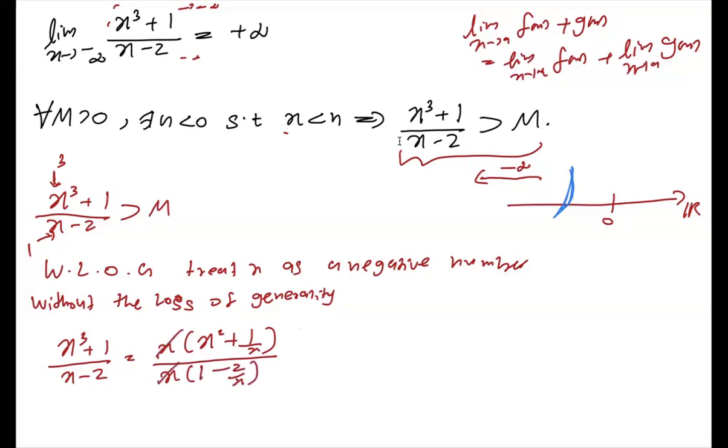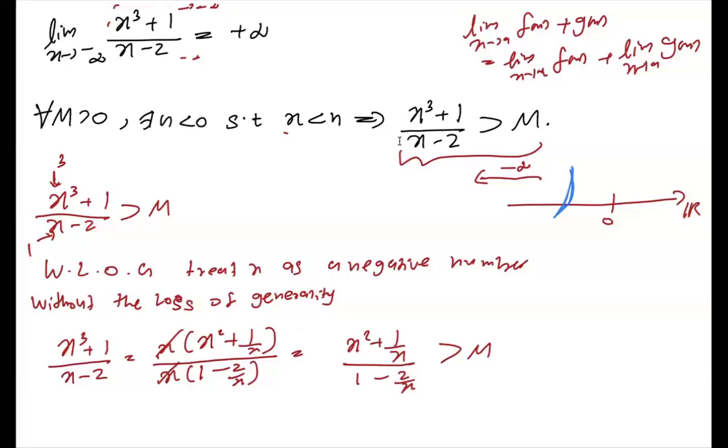So I can just cancel that out. So then I can have this one, x squared plus 1 over x divided by 1 minus 2 over x. Now I have to use this inequality to prove that this is less than any arbitrary positive real number.